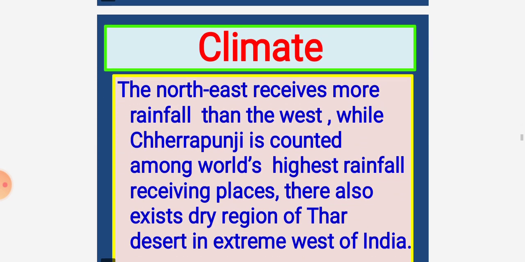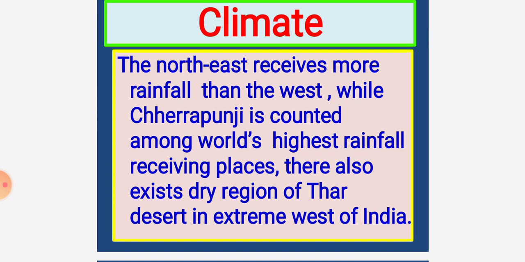The northeast receives more rainfall than the west, while Cherrapunji is counted among the world's highest rainfall receiving places. So Cherrapunji is the place having the highest rainfall in the world. On the other hand, there also exists the dry region of Thar Desert in the extreme west of India.